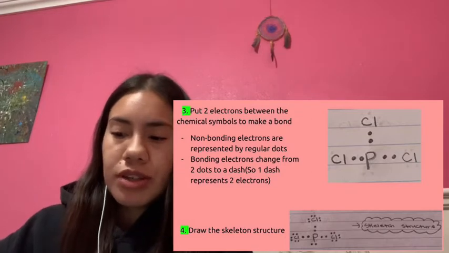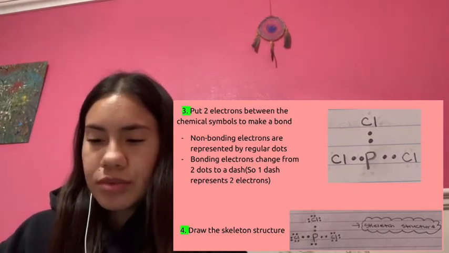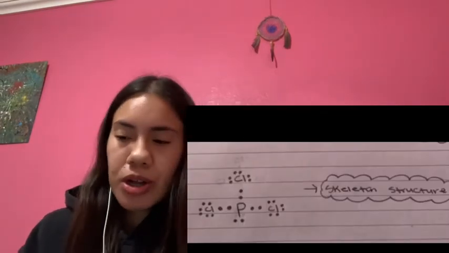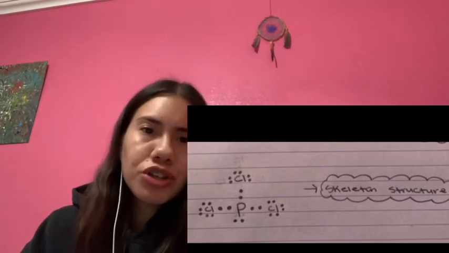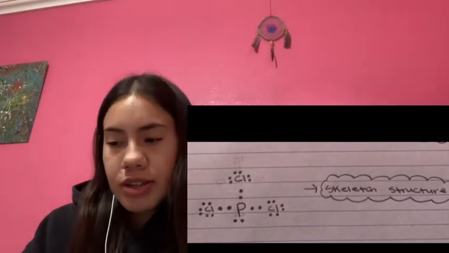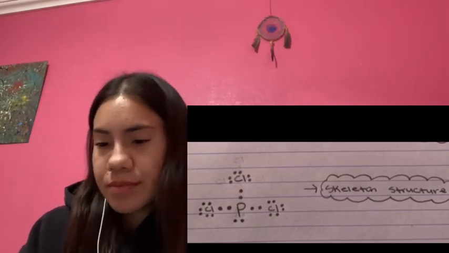Step 4 is to draw the skeleton structure. For the skeleton structure, we already completed steps 5 and 6, but basically the structure is just the dots; we don't put the dashed lines, it's just pure dots.